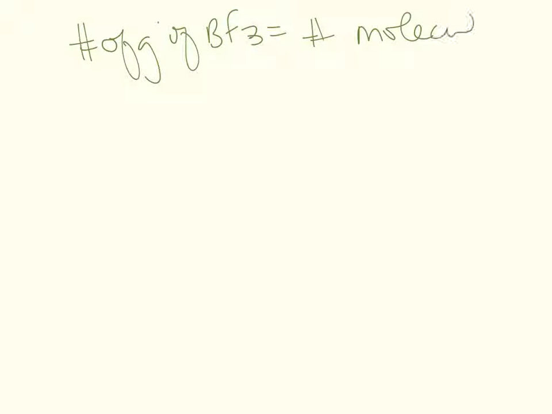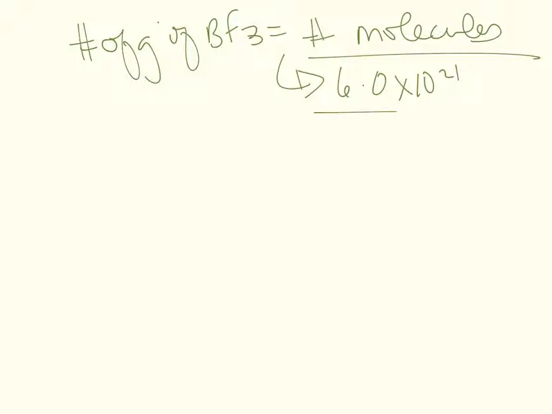So now that we have determined how many molecules are in that 0.34 grams of H2S, we're going to go back and determine how many grams of BF3 we need to equal the number of molecules that we just came up with, and that number of molecules was 6.0 times 10 to the 21.